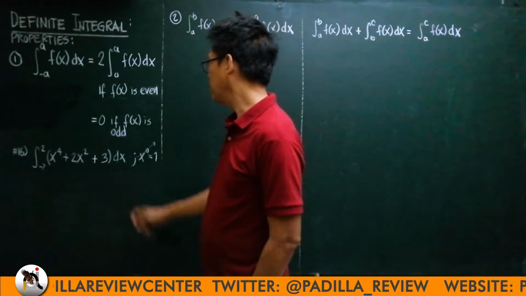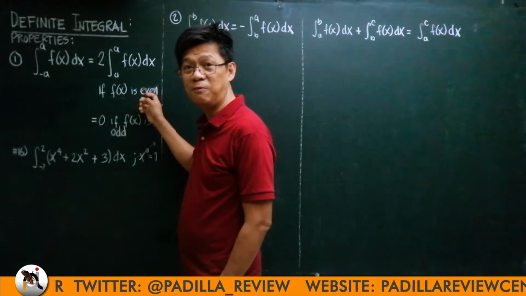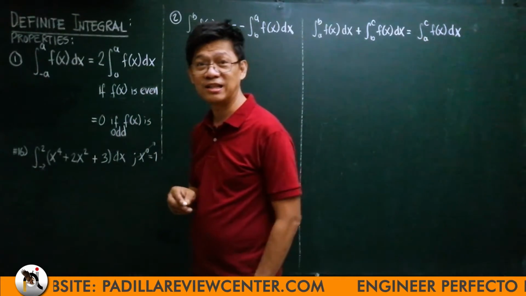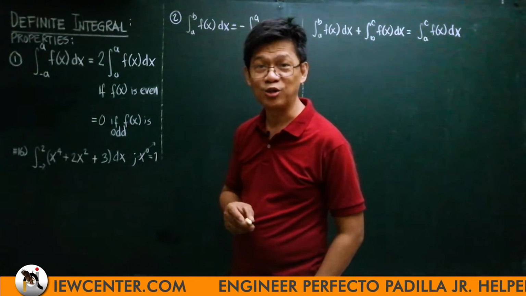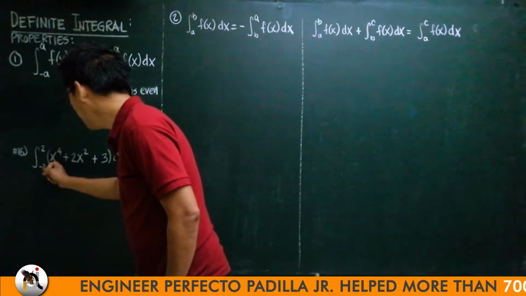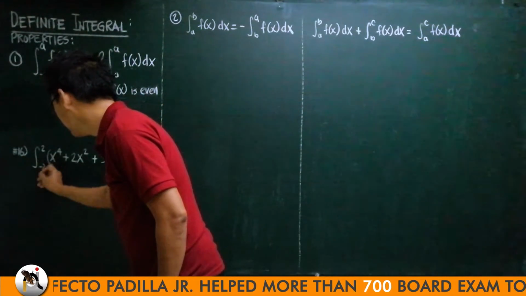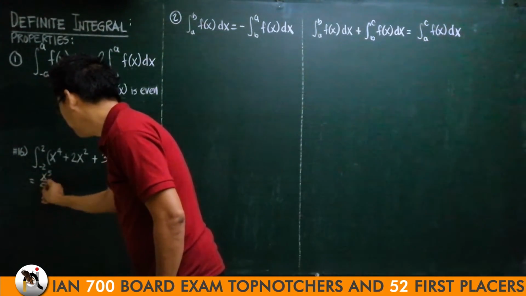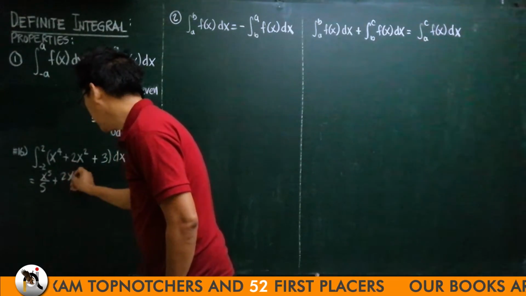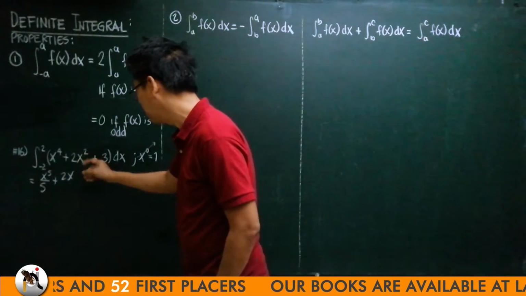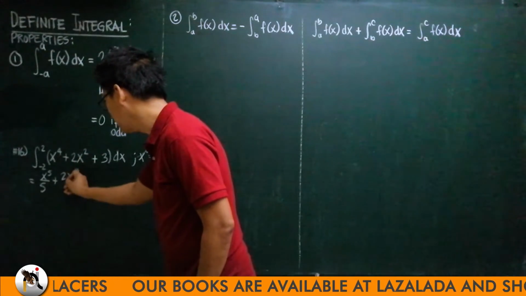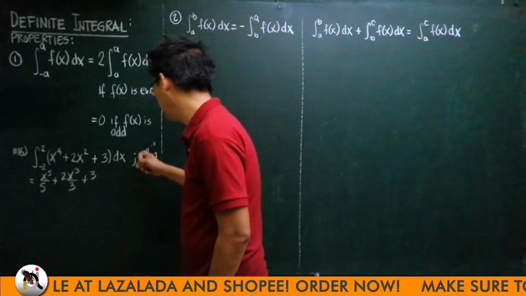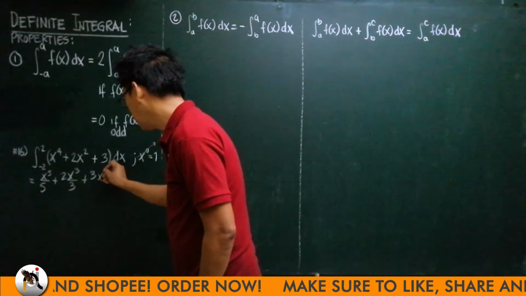Now, if your f of x is an even power of x, then when you integrate that, that will be an odd function. What do I mean? If you integrate x to the fourth, this is going to be x to the fifth over 5 plus 2 integral of x squared by power formula, x cubed, you add 1 over the exponent, plus 3 integral of dx, this should be x.